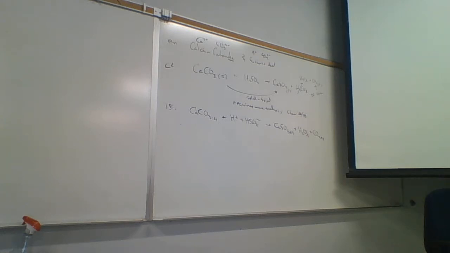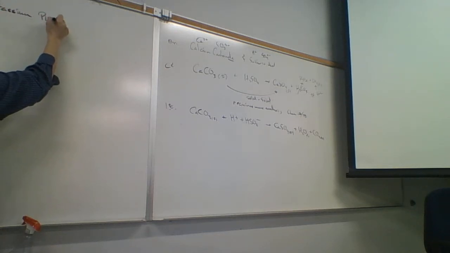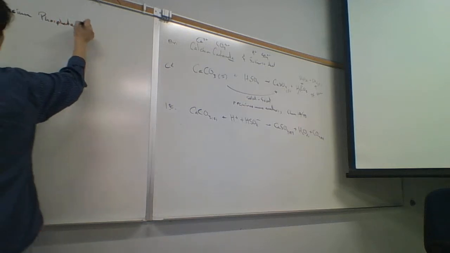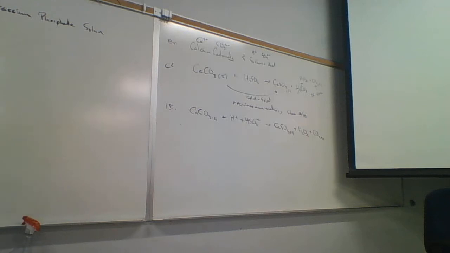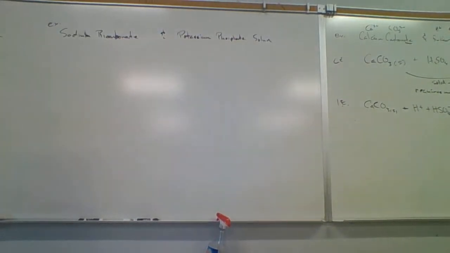So the next example is going to be sodium bicarbonate and potassium phosphate solution or mix. So if we mix sodium bicarbonate and potassium phosphate, let's see if we get anything happening.